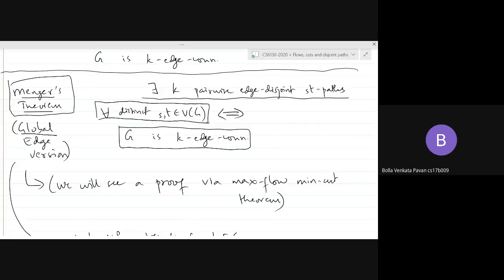So for proving that it is not k-edge connected, if I remove any k minus one edges and it is still connected, then it is k-edge connected. There are k labels, and I can remove k minus one. Then definitely one label will have no edge removed, right?